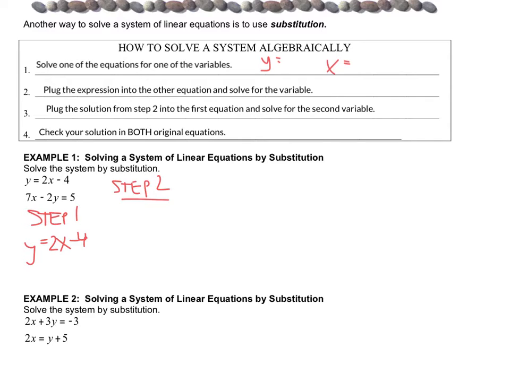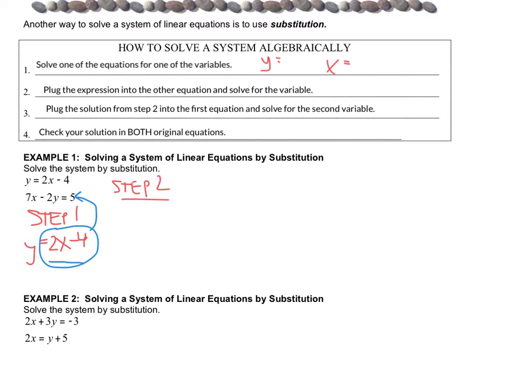What does that mean? Down here we've discovered that y is equal to 2x minus 4. So 2x minus 4 is the expression we're talking about. We're going to take this expression and plug it into the other equation.